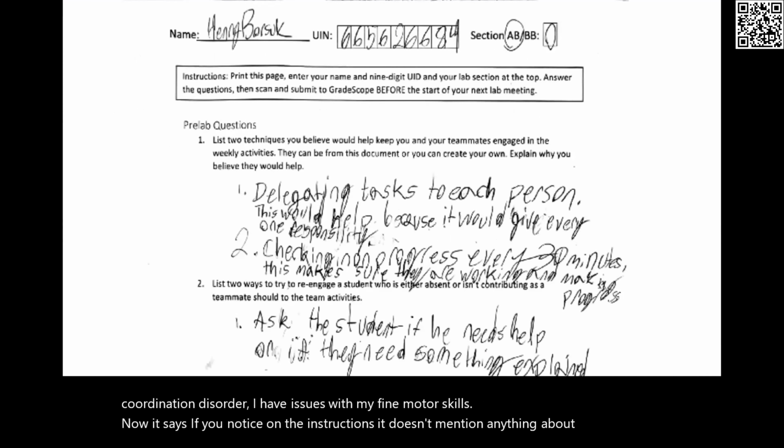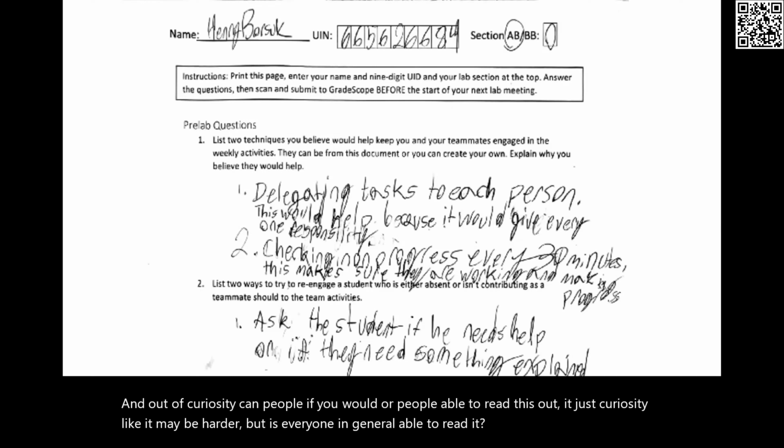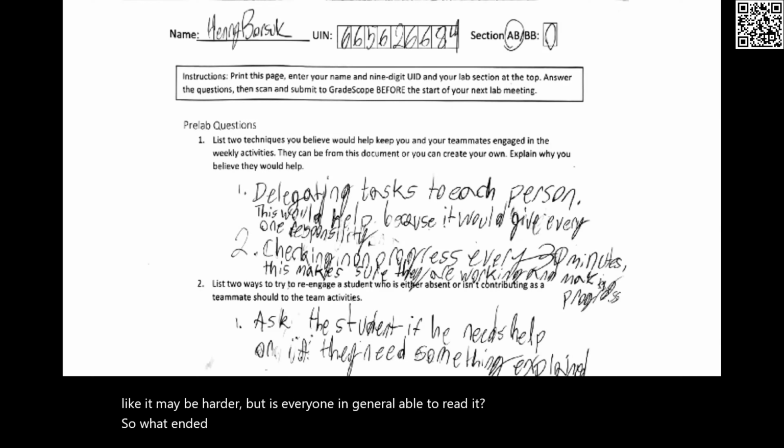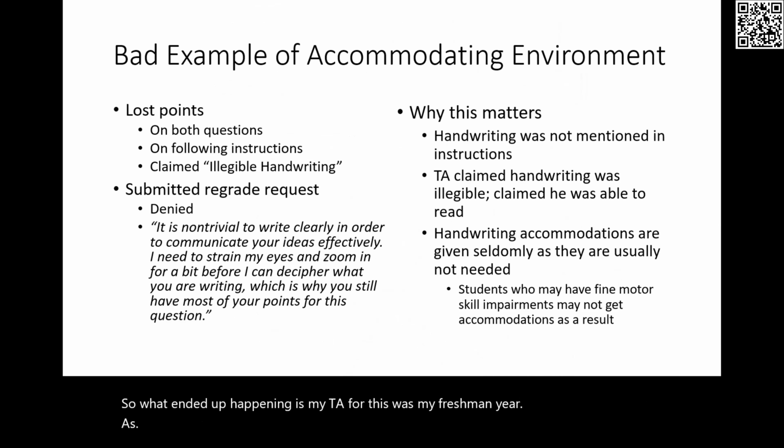Out of curiosity, are people able to read this? It may be harder, but is everyone in general able to read it? What ended up happening is my TA for this, my freshman year, took off points on both questions and also for not following instructions, and he claimed it was illegible handwriting. And I submitted a regrade request.